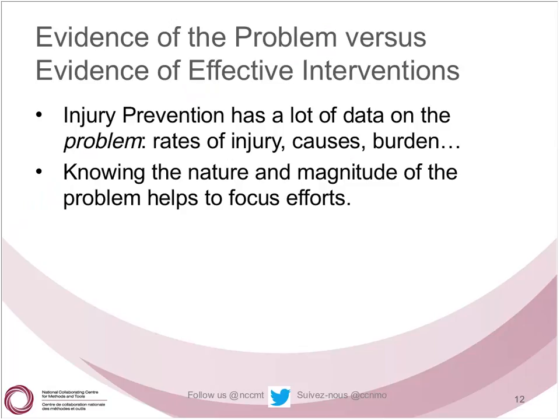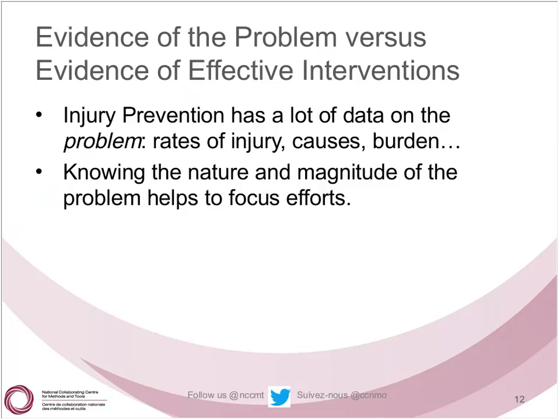Now, I have done work across fields in public health, including in injury prevention. And one thing I've noticed is that the injury prevention field has a lot of available data on what we might call the problem. So rates of injury, what are the causes of injury, what's the burden of injury, what are the outcomes when people have an injury, and so on.